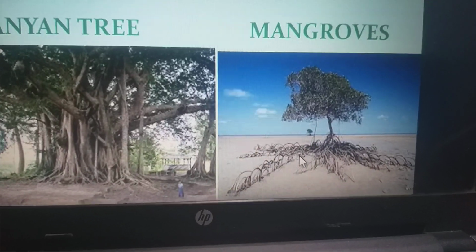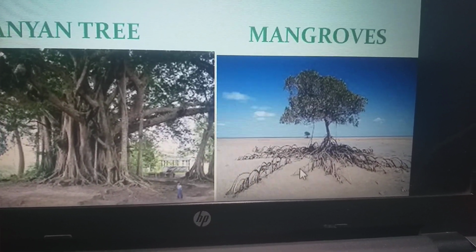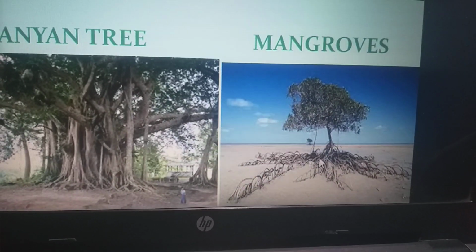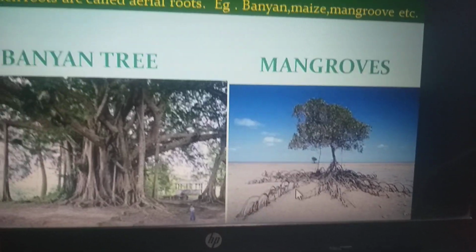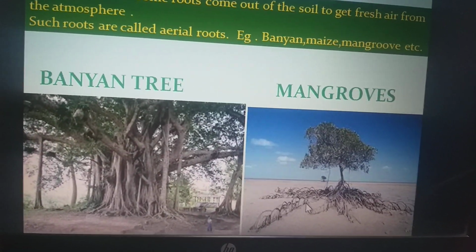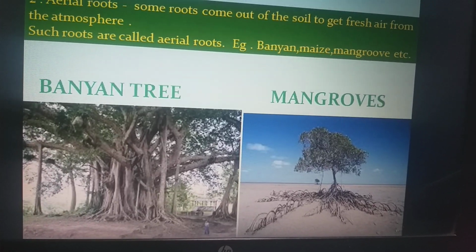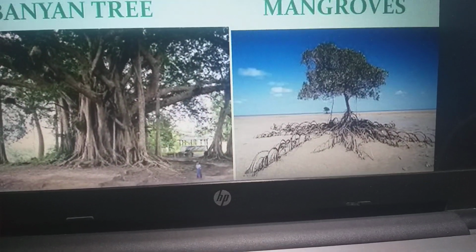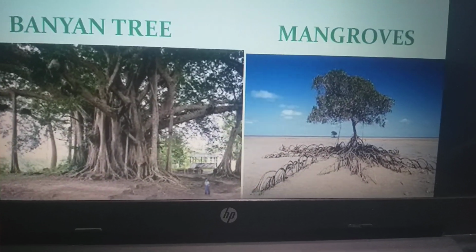So in that area, the roots of these plants don't get sufficient oxygen. So their roots come out of the soil to get sufficient oxygen and fresh air from the atmosphere. So these roots are called aerial roots, because they come out of the soil.